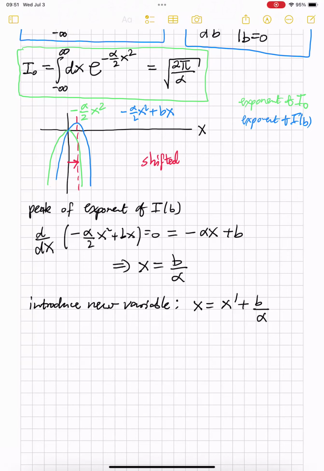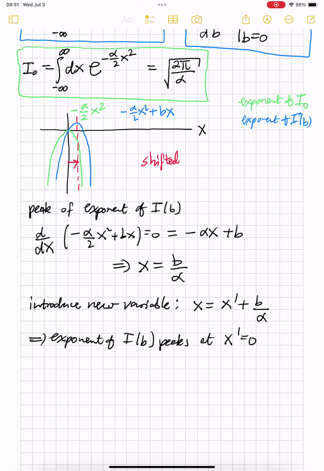So if the exponent of I of b peaks when x is equal to b over alpha, it means the exponent of I of b peaks at x prime equal to 0, because x prime equal to 0 is x equal to b over alpha.